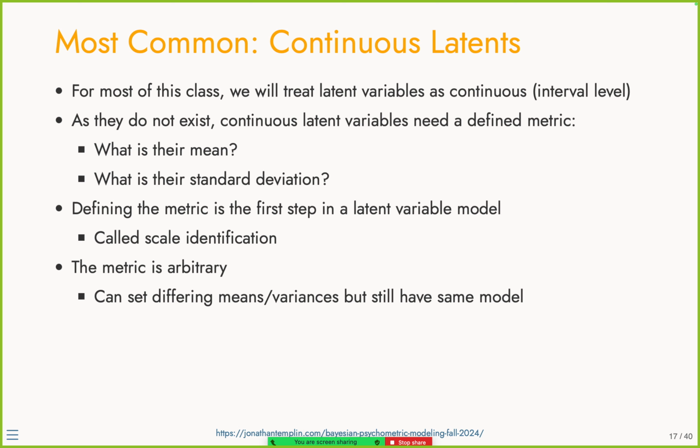One is to fix it to 1, so we have a standardized latent variable. The other is to estimate it, but when we estimate it, we have to fix one factor loading to a value. We usually set that to 1. We call that the marker item technique, marker item identification of factor standard deviations or variances.